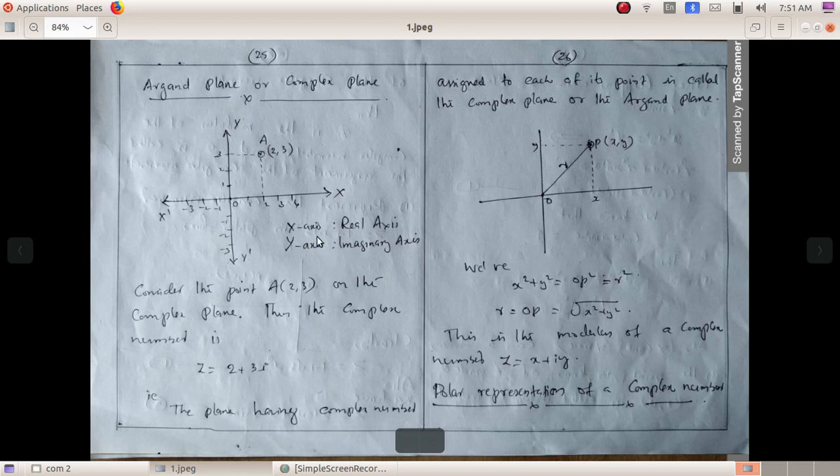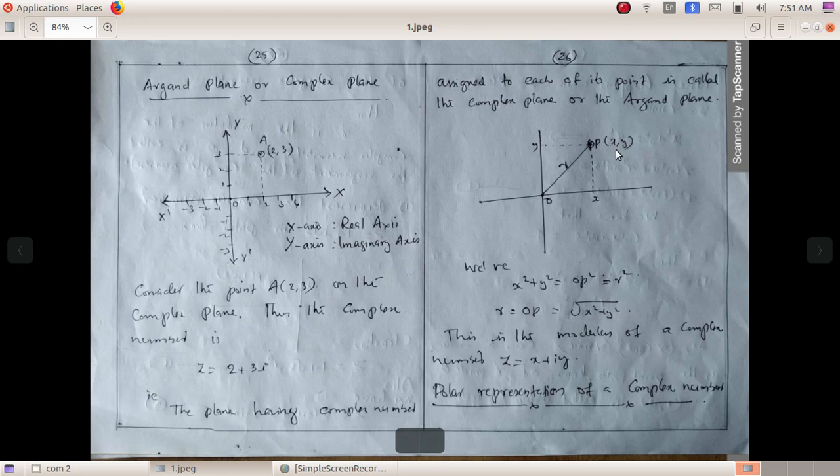So there are two axes for the Argand plane: the real axis, which is always the x-axis, and the imaginary axis, which is always the y-axis. As in the Cartesian plane, we present all complex numbers on the Argand plane, and its another name is the complex plane.